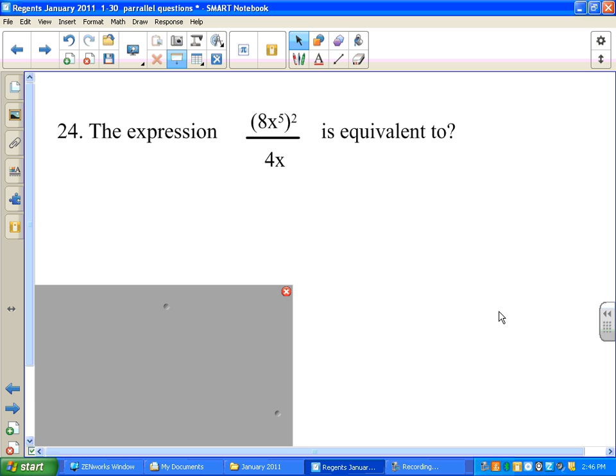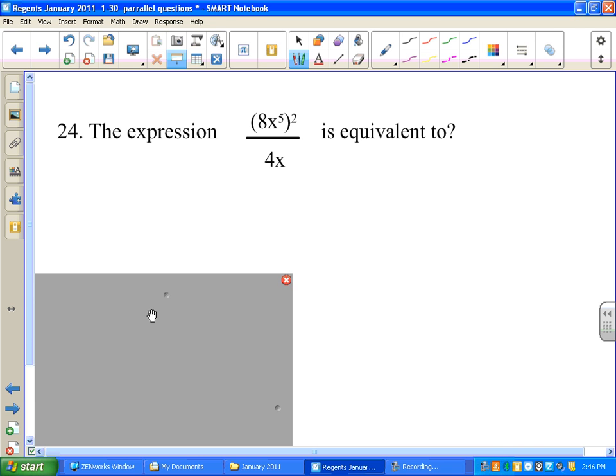The expression quantity 8x to the fifth quantity squared over 4x is equivalent to what? Well, first of all, you have to take a little peek at the examples to see what they're doing, and they are simplifying them. So 8x to the fifth squared is 8x to the fifth times 8x to the fifth, all over 4x.